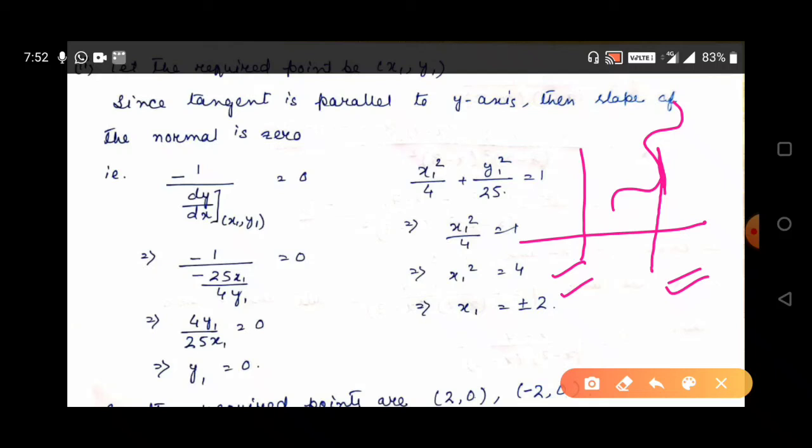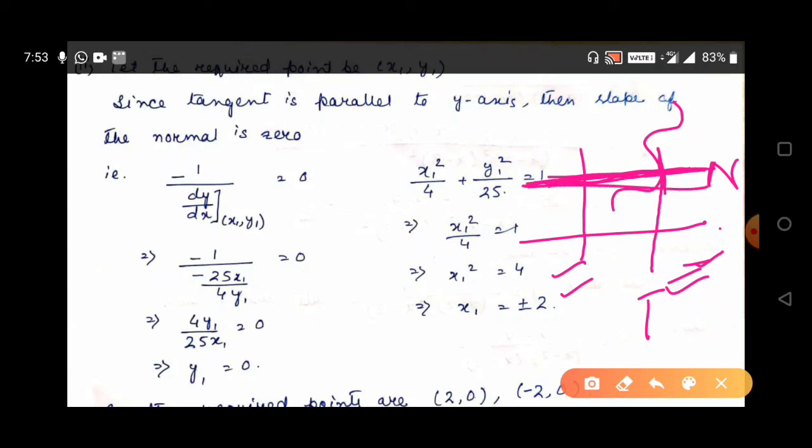So if we draw a normal here, this is a normal, I am writing here n and I am writing here t for tangent. If the normal is perpendicular to the tangent, and the tangent is parallel to y-axis, that means this tangent is perpendicular to x-axis. If the tangent is perpendicular to x-axis, parallel to y-axis, then this normal will be parallel to x-axis.